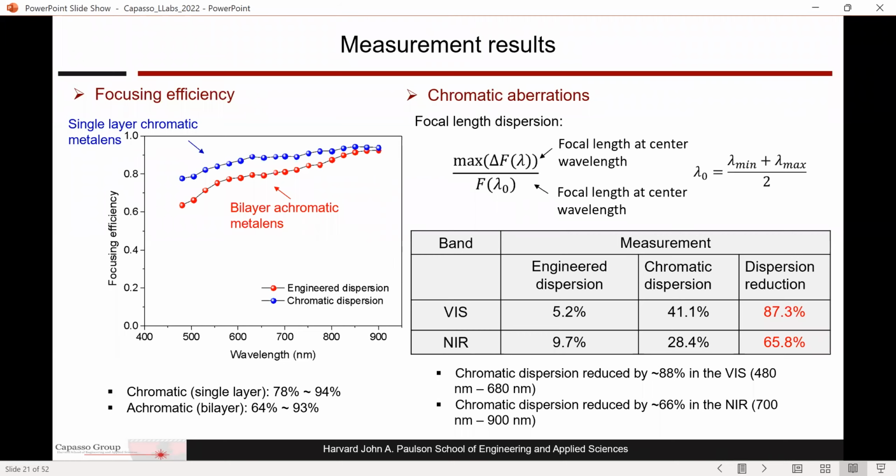The commercial metalenses I showed before, made by Metalenz, are designed for the near IR and have a focusing efficiency of 90%, okay? In our lenses here, the ones that I call nearly achromatic, the focusing efficiency varies from 70 to around 90% in this wavelength range.